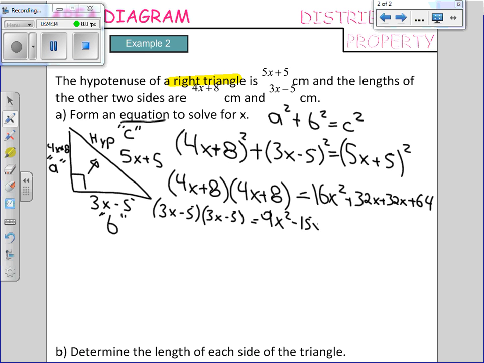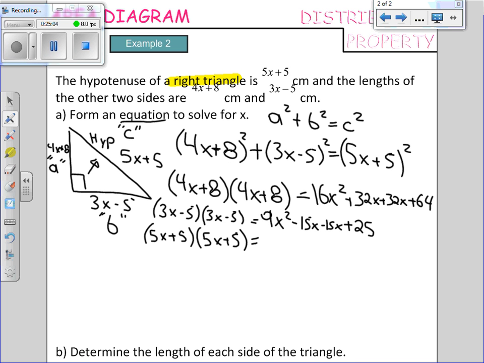And then do it for 5x plus 5. Tell me what you get when you expand that one. Somebody try it. Yep, 25x squared is the first term.